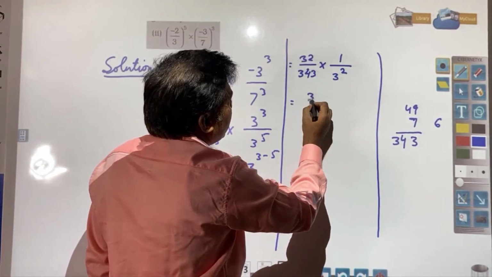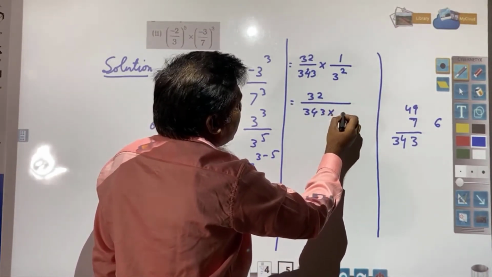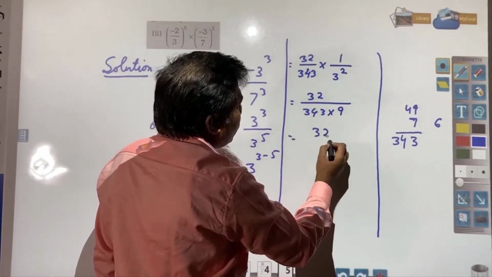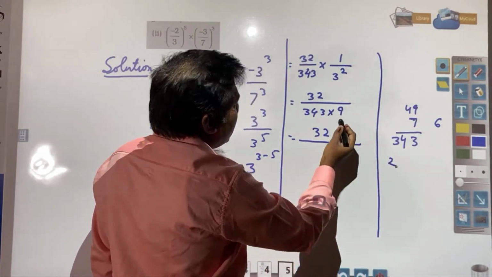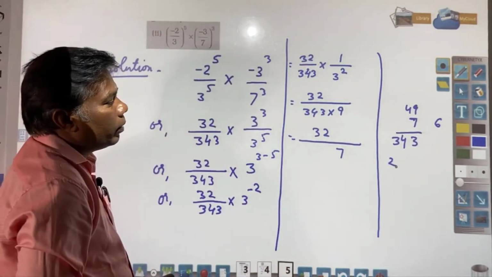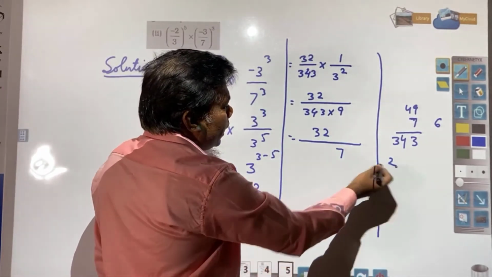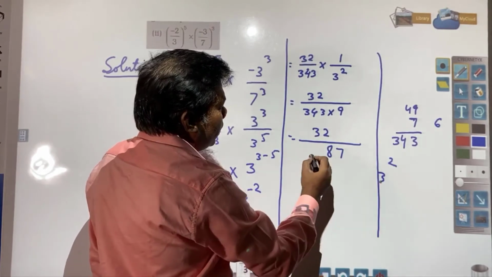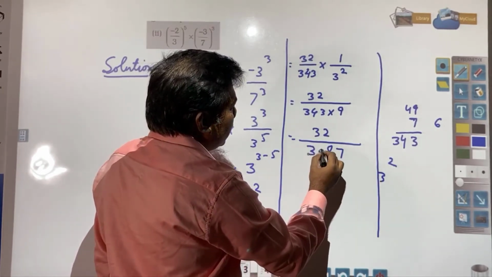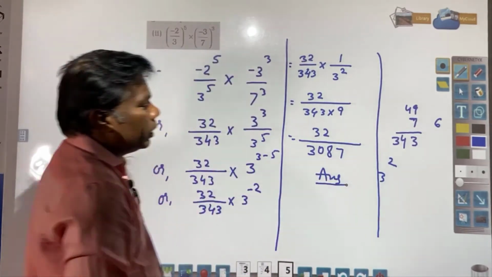That will be 32 divided by 343 into 3 3s are 9, which means 32 divided by 9 3s are 27. Then 9 4s are 36, and 2 makes 38, 9 3s are 27 and 3 makes 30. So your answer will be 32 by 3087.